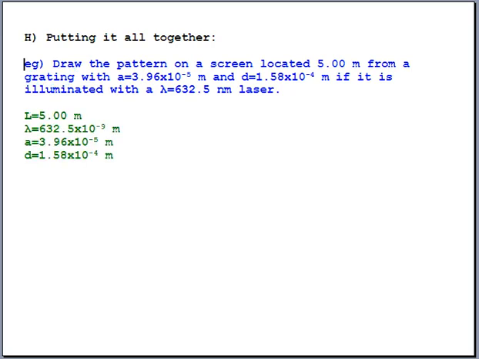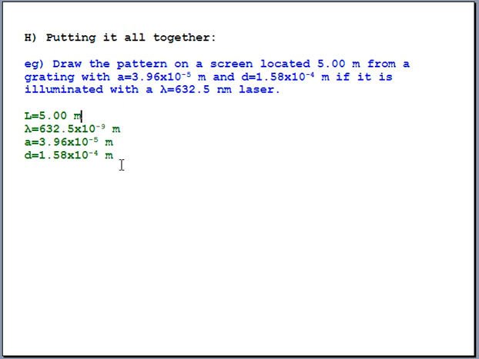If I was doing this, I might want to just keep track of all the different variables here, because there are so many different sizes, and some of them are smaller than a human hair, and some of them are like the size of a classroom. So L is going to be the distance from the screen to the obstruction. I'm going to go 5 meters for that based on what they've said. And the wavelength for this laser, it says 632 nanometers. Well, I look on my formula sheet to see what nano is, and it says that's 10 to the negative 9.